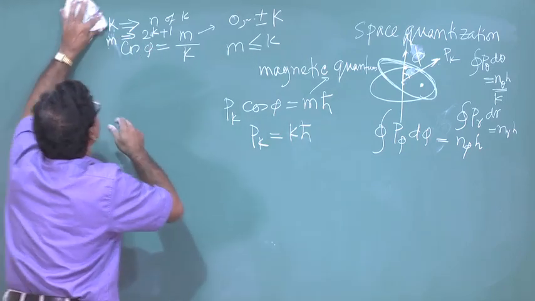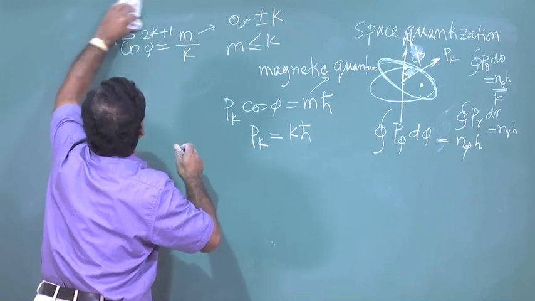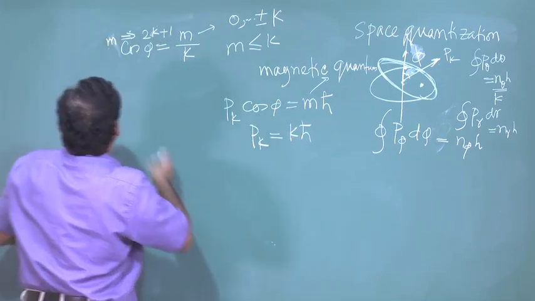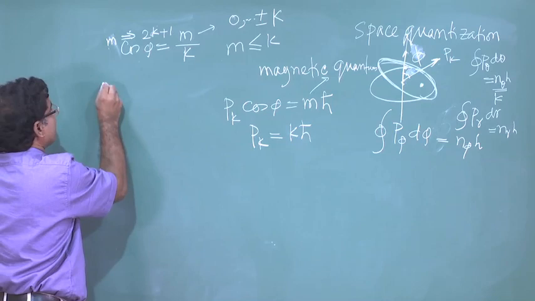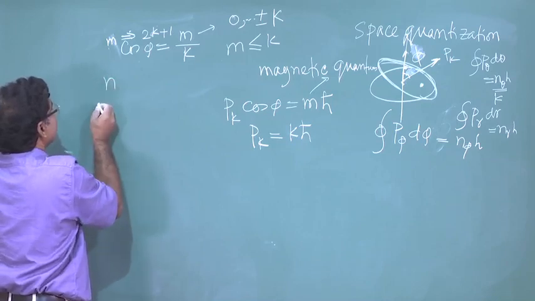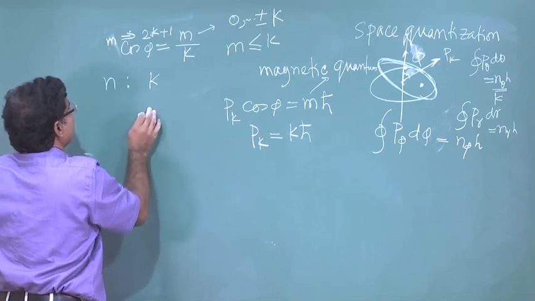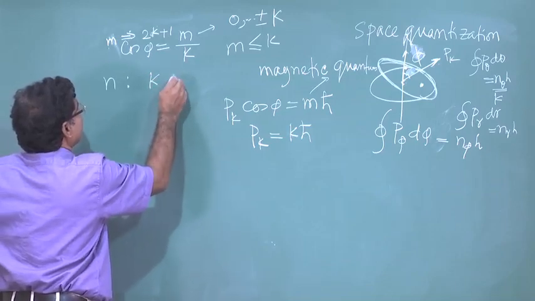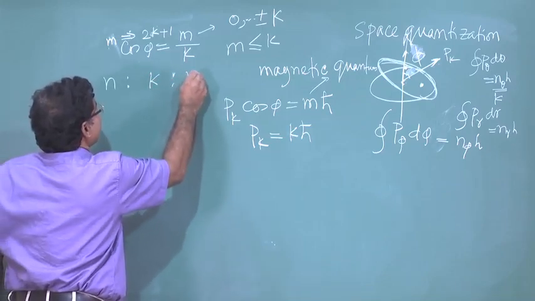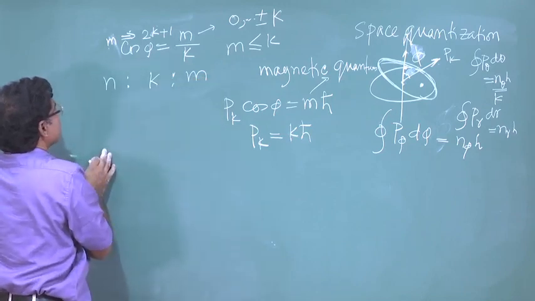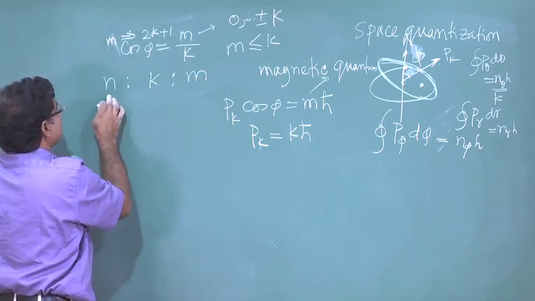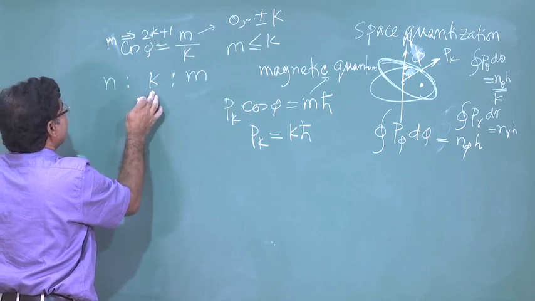So for a particular n value, how many k values will I get, and for a particular k value, how many m values will I get?